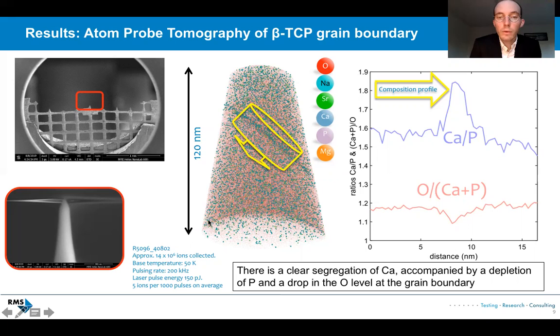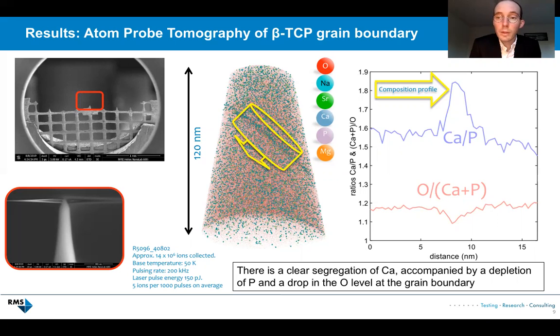Here we can see the 3D reconstruction with all the elements that they have analyzed. Interestingly, in the center, we can see a line. If you now draw the composition profile perpendicular to this line, which is actually the grain boundary, we can see that locally we have an increase of calcium and a decrease of phosphate and oxygen levels.